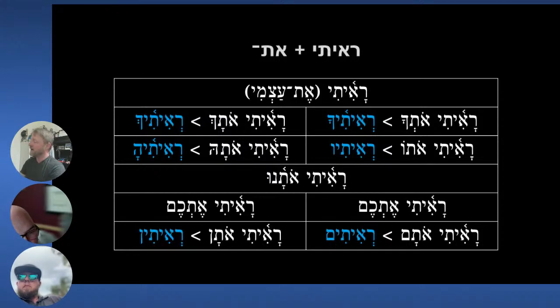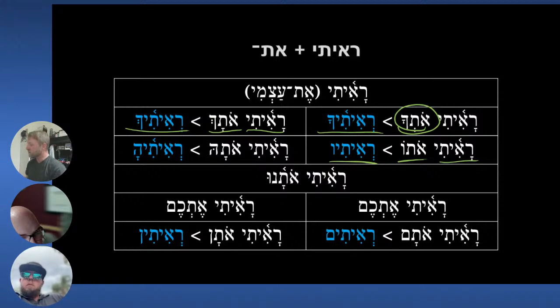But when we say I saw you, you say ra'iti otcha, ra'iticha. I saw you, ra'iti otach, ra'itich. Ra'iti oto, I saw him, ra'itiv. You could say also ra'itihu. These are interchangeable. Ra'itiv and ra'itihu.